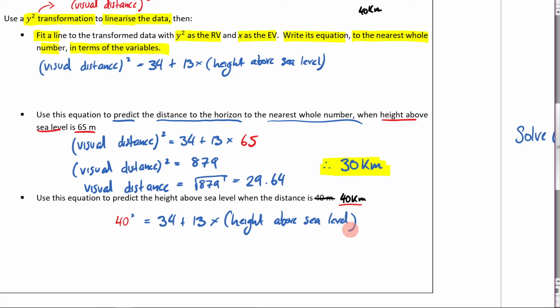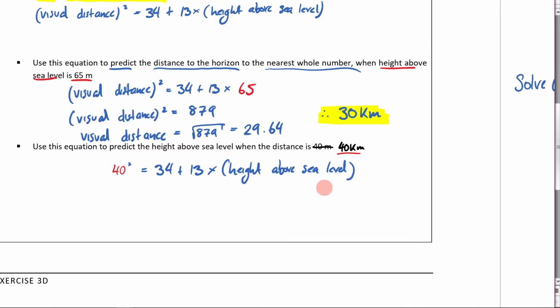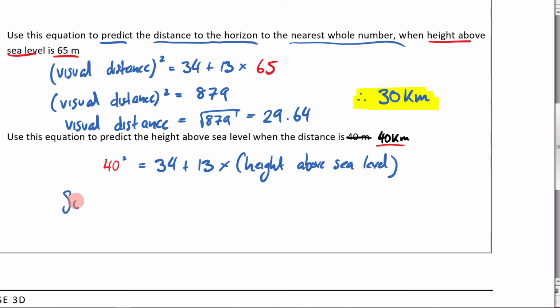Now, what are we going to type into our CAS to get our answer here? What you type in is solve. So we're using that solve function. 40 squared is equal to 34 plus 13 times, now instead of writing height above the sea level, let's just say h, and then comma h, because that's what we're solving for. Now we come back to our CAS.